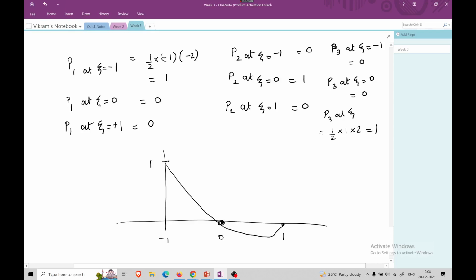This is P1. P2 will be 1 at this point and 0 at the others, something like this. P3 will be 1 at this point and 0 at the other points, something like this.